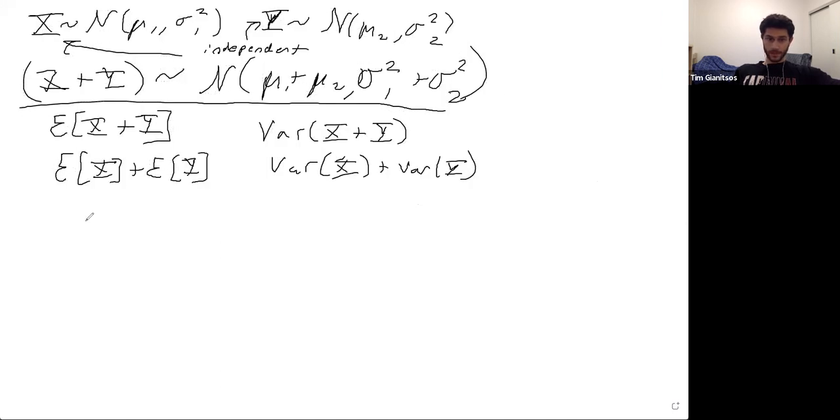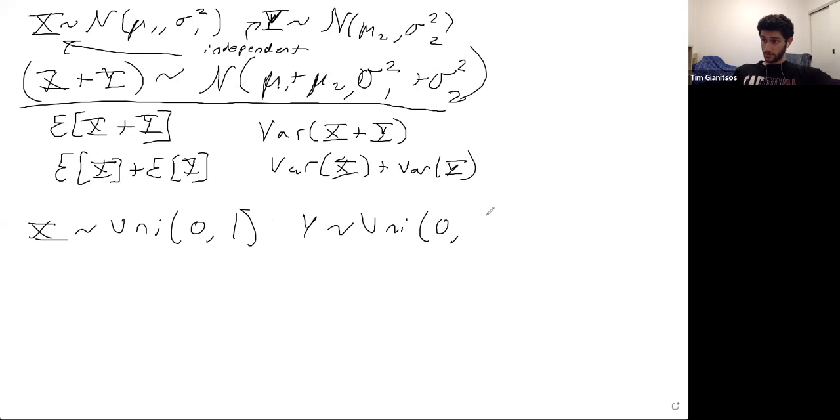So in this other situation, we have a pair of uniform distributions. Let's say x is distributed as uniform 0 1, likewise for y, uniform 0 1. Since they're independent, the means add and the variances add, but do I know what the distribution looks like?